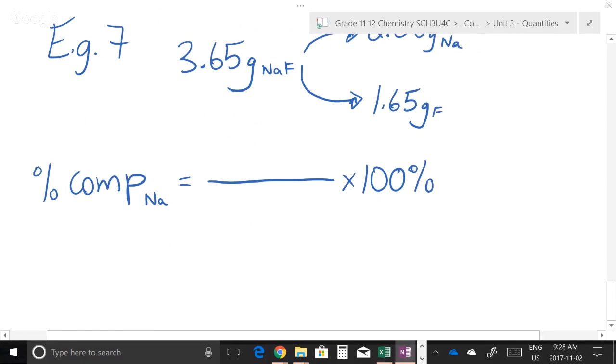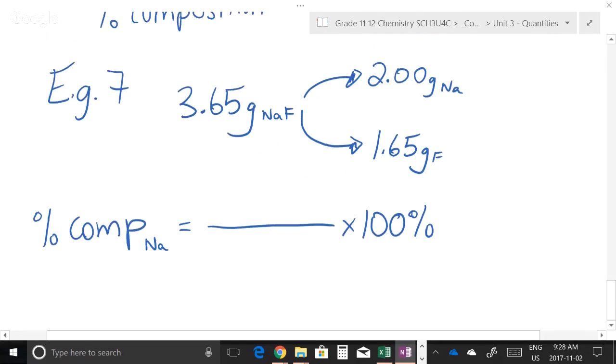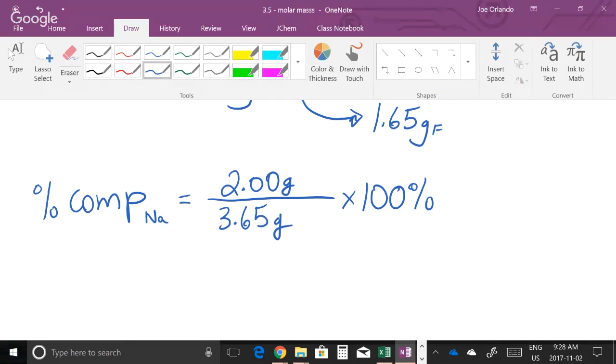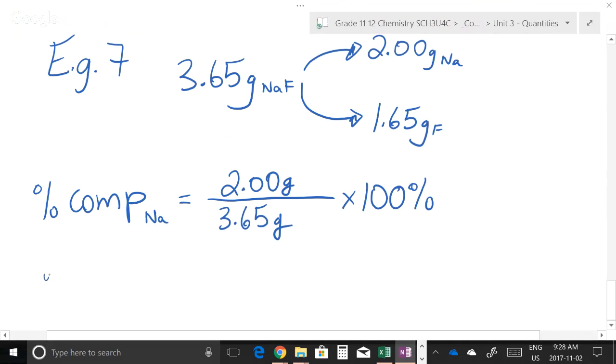Anyway, so how would I do this? If I want to know what percentage of this thing is made up of sodium, what am I going to put on top? Yeah, sodium, which is how much weight? 2.00 grams. And what will go on the bottom? 3.65 grams. Good. And in this case, the percent composition is what?